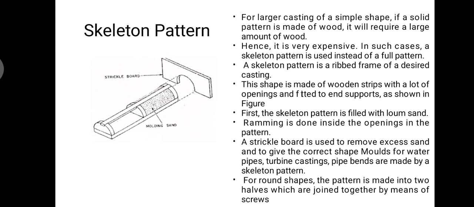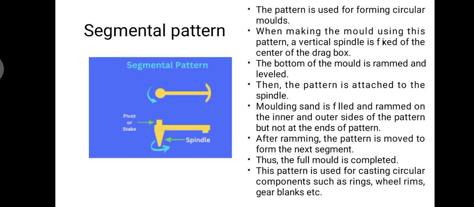First, the skeleton pattern is filled with loam sand. Ramming is done inside the openings of the pattern. A strickle board is used to remove the excess sand and to give the accurate shape for water pipes, turbine castings, etc. For round shapes, the pattern is made in two halves which are joined together by means of screws.